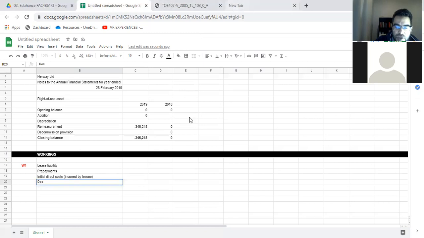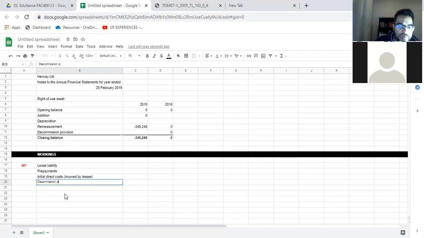Okay, what did I call it over here? Let's say dismantling and removing, whatever. So basically the provision for dismantling, provision for restoration, whatever you want to call it. I'm going to call it the decommissioning liability.